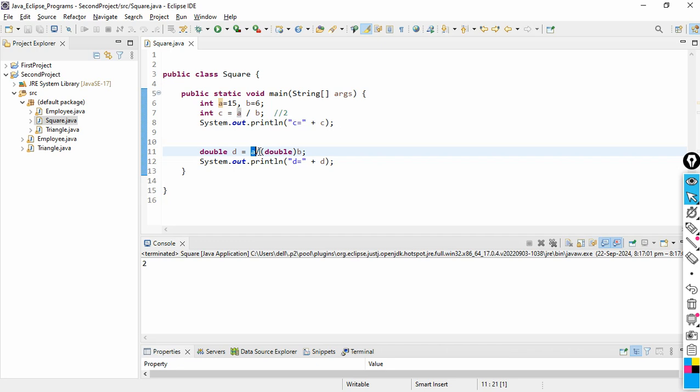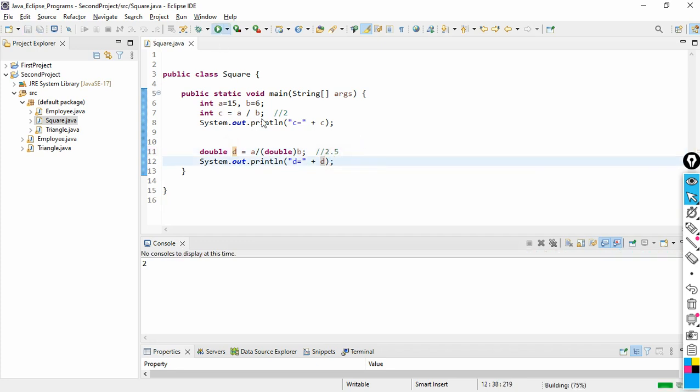So when you do calculations with integer and double, the result will be double, the higher data type. Therefore you get a double answer, 2.5, which is assigned to D. Therefore D is equal to 2.5.